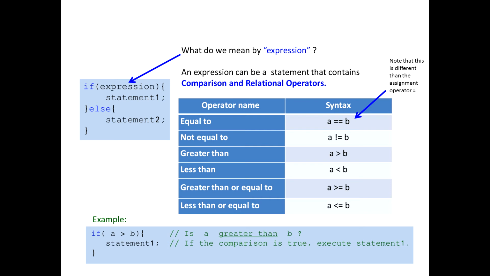So at the bottom here we have example code where we're saying if A is greater than B, that's our comparison operation. If that's true, then statement 1 will execute. Here we don't have an else, so nothing will happen if the statement is false.